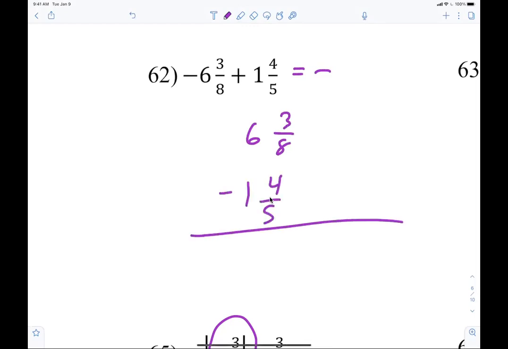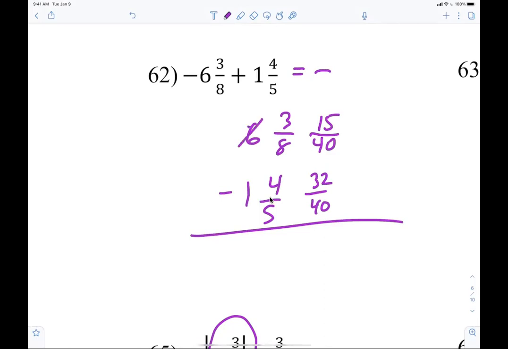What's common denominator? 40. So the first fraction is gonna be what? The numerator. Good. The second one. Now, the reason why I'm highlighting this one is because you can't subtract. You have to borrow. So everybody missed this last class, but because you guys are brilliant, no one missed it.